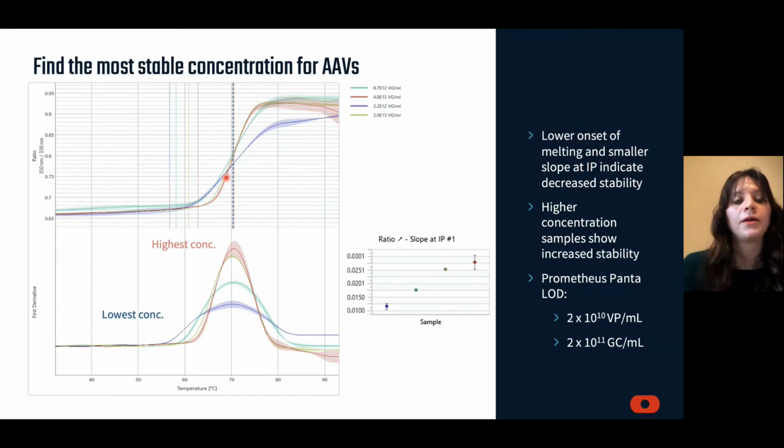So if you're not specifically trying to find the optimal concentration for storage or assay development, it's still important to consider that you're getting the same melting temperature information even at a fairly low limit of detection. So it's about personally evaluating what is key for you when it comes to looking at these different parameters you need for stability assessment.